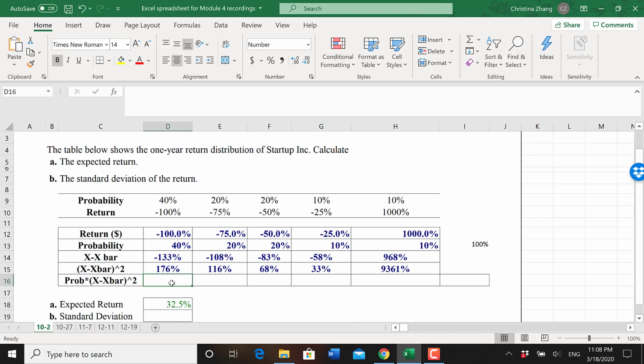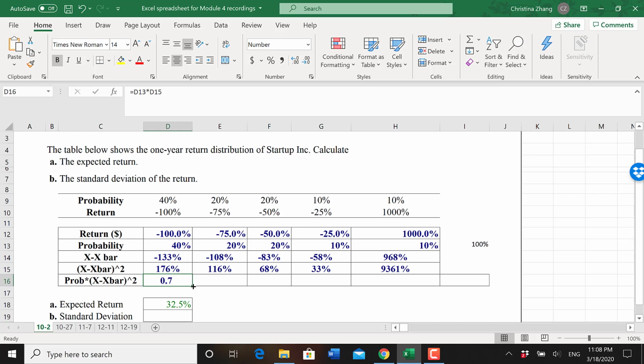Double check your calculation. Next, I'm going to multiply the probability by my squared differences. Why do I multiply that? Because these differences only occur when I receive this particular return, and this return only occurs with 40% likelihood.